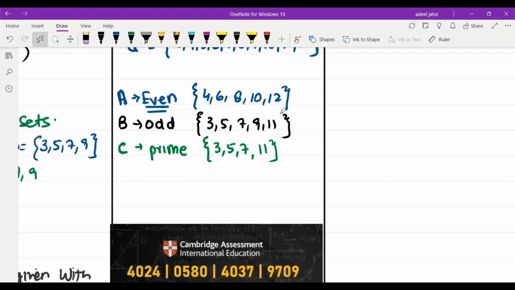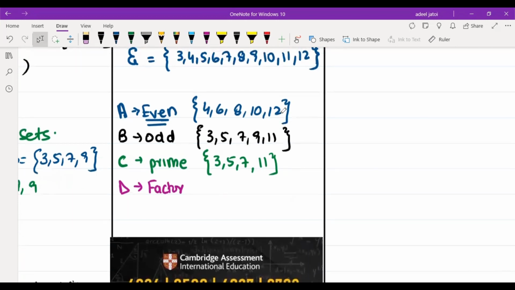Then the question can also refer to factors of 24 or factor of 12, let's say. Now, factor of 12, what does that mean?